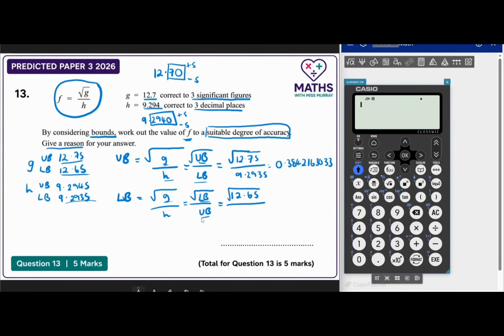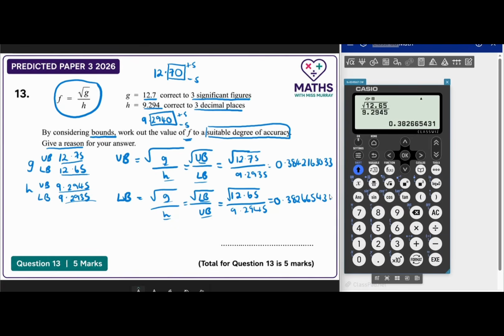And then the upper bound of h is 9.2945. So I'm going to work that out on my calculator. Fraction button, square root button, 12.65, down arrow, 9.2945 equals, and then again I'm going to see if I can squeeze that whole answer in here. 382665431. So that's it. That's my 2 answers.